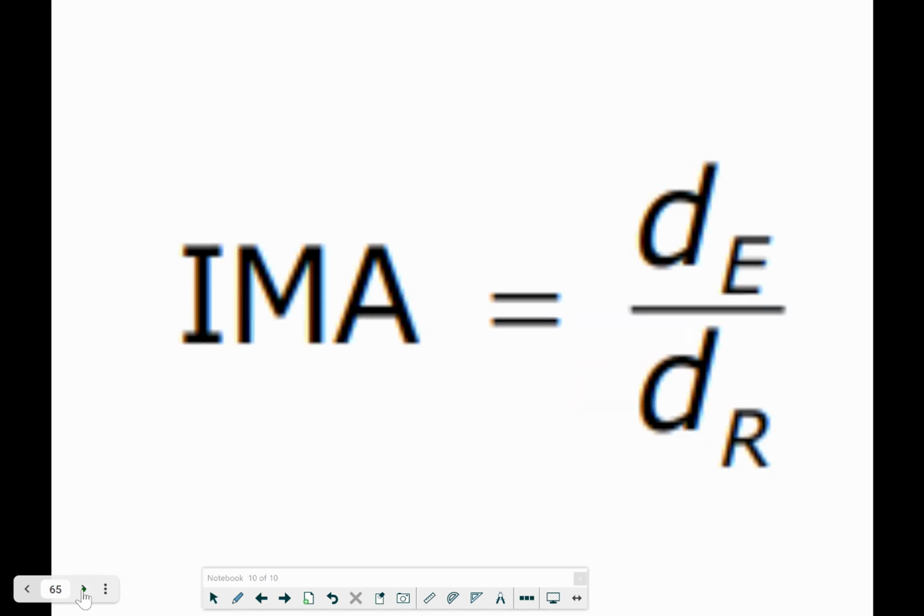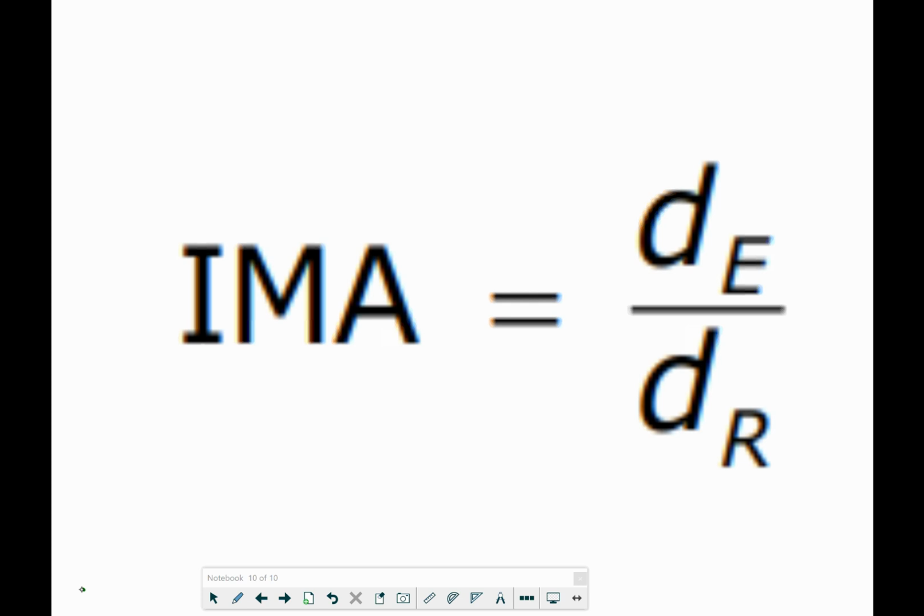All right, so here's a harder one. IMA. If you look at the second column on your reference table, you will notice that IMA is a single thing. D means distance or displacement. Capital E means effort.